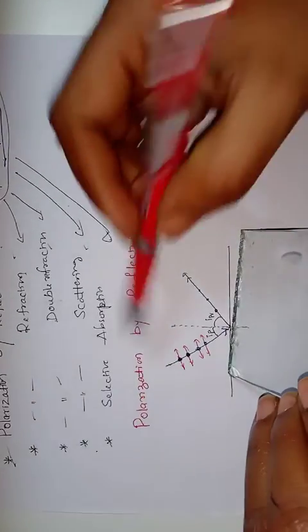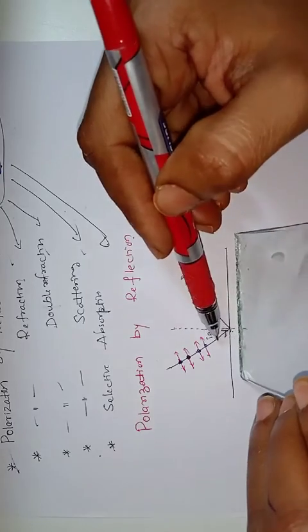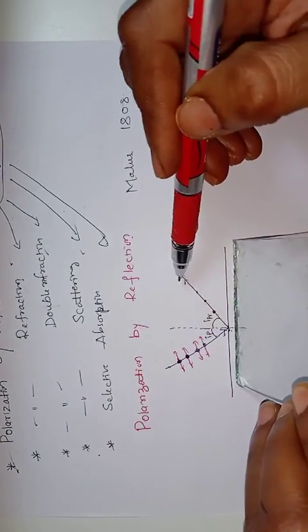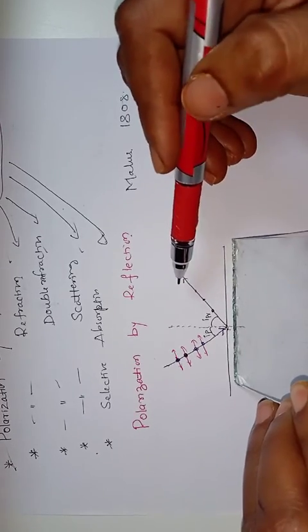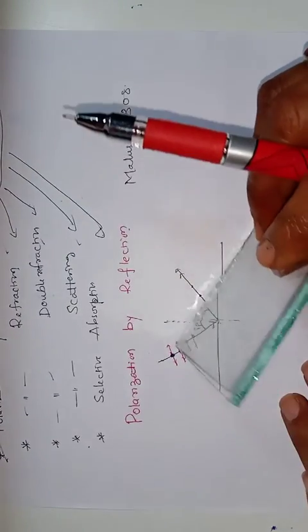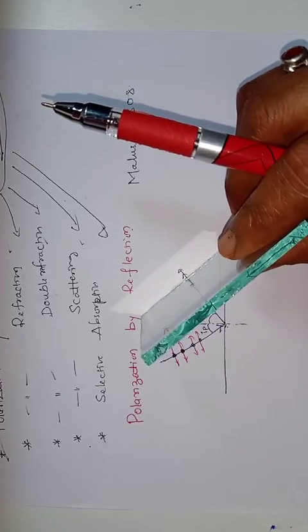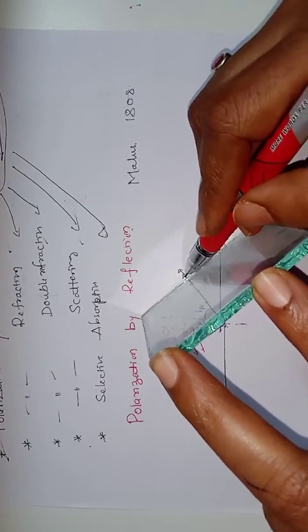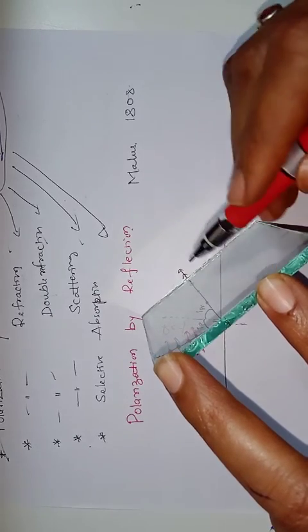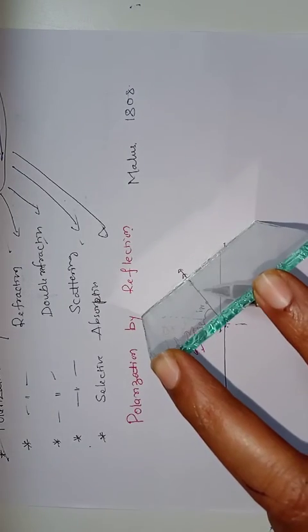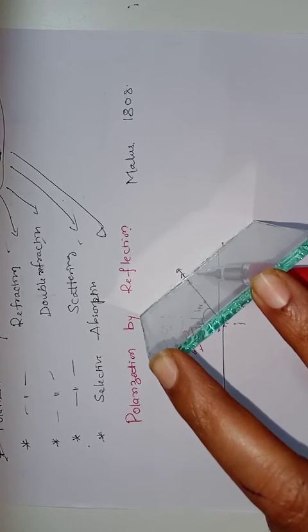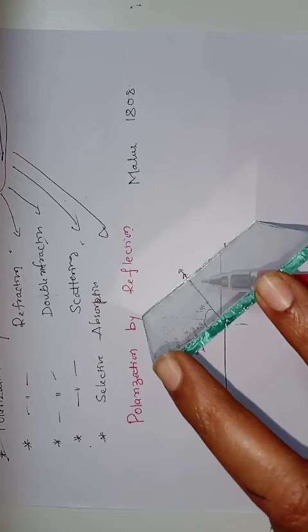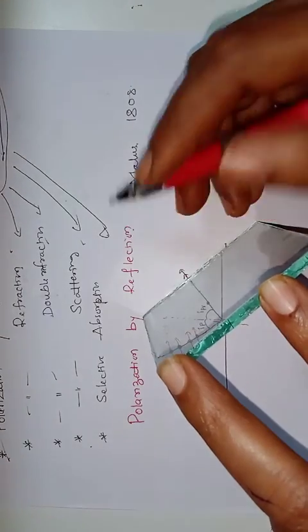Here the incident light is unpolarized. When it gets reflected, if we keep a tourmaline crystal, the reflected rays are plane polarized light.